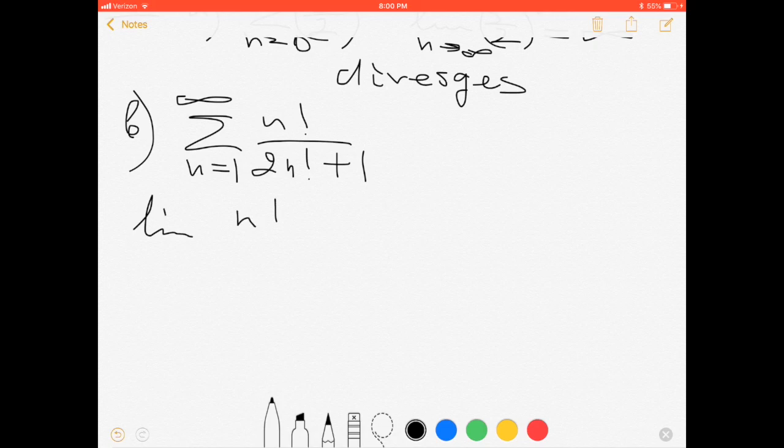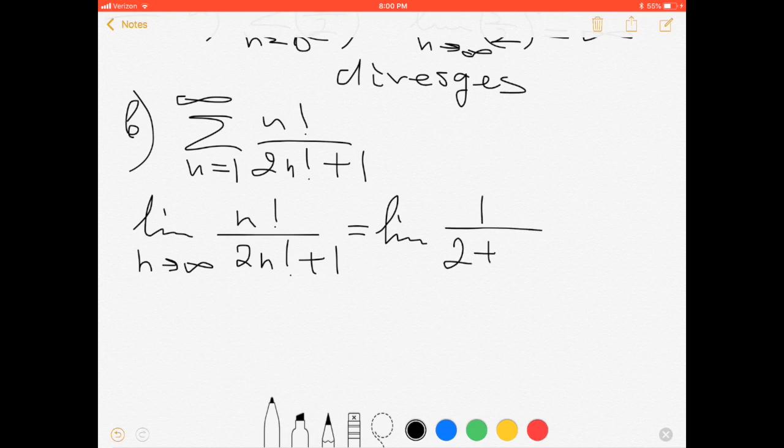The limit of n!/(2n!+1) as n approaches infinity. An easy way, I think, is to divide by n factorial. Dividing up and down by n factorial, we have 1 over 2 plus 1 over n factorial. And this limit is 1/2. The limit is non-zero, and this means our series diverges.